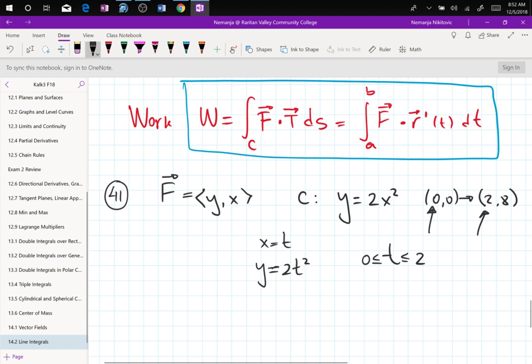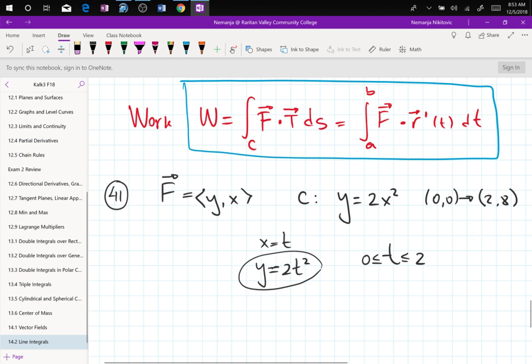Now you can check if the y component fits as well. It has to. Plug in 0 for t, you get 0. Wait, did I write something wrong? Yep, so 0 is 0, and when I plug in 2, I get 8. Great.